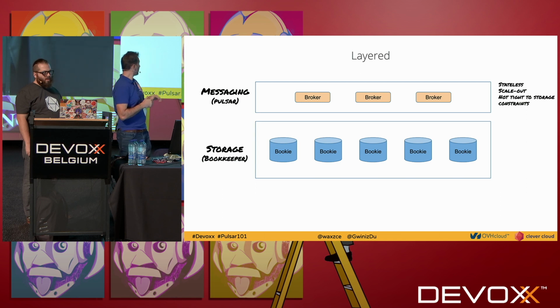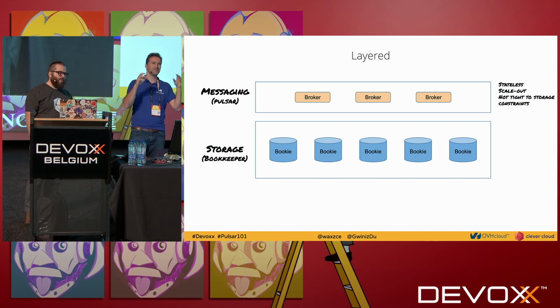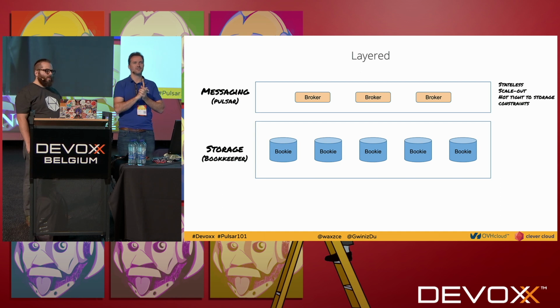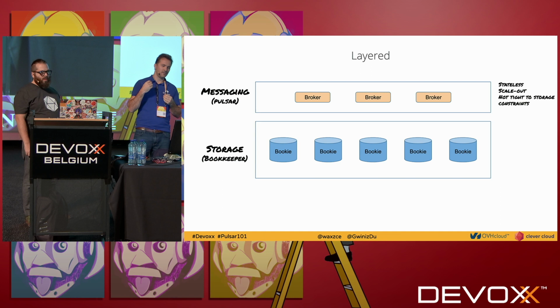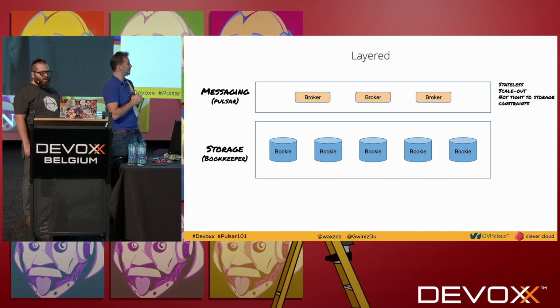They are lying in the Bookkeeper layer, so it's all stateless. For those who use Kafka on a daily basis, I think I have a point when I say that you can just resize everything, and it's really nice at the operation layer.